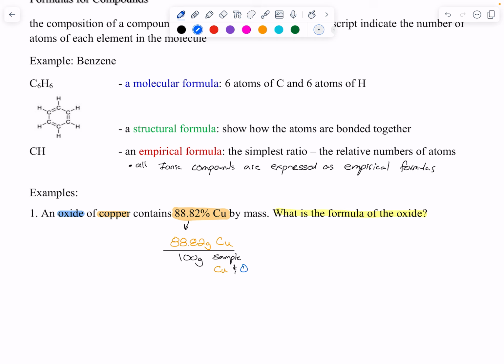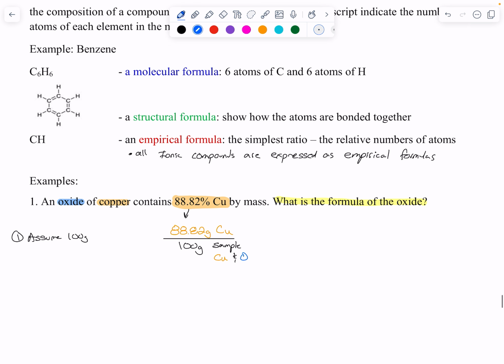Now, because we have 100%, if I assume 100 grams, which is the best thing to do, that gives me 88.82 grams of copper, which leaves me with how many grams of oxygen? Well, what is 100 minus 88.82?